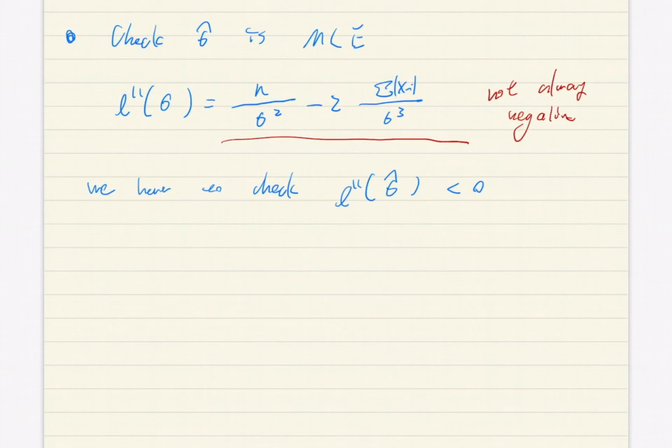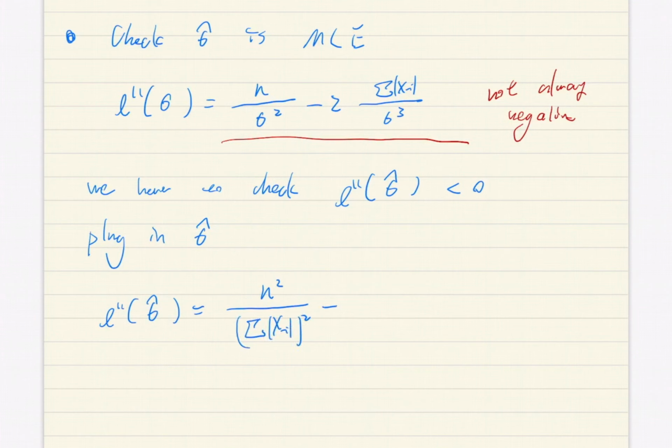So now we plug in sigma hat. So this one is equal to n squared over the summation of this to power 2, minus 2 n cubed over the summation to power 3. Okay, so here and here cancel, and we get 2 in here.